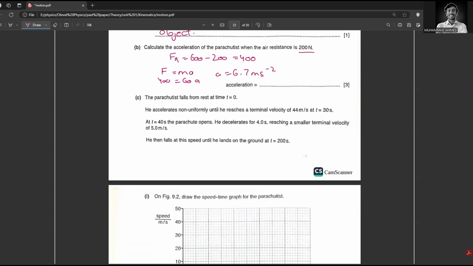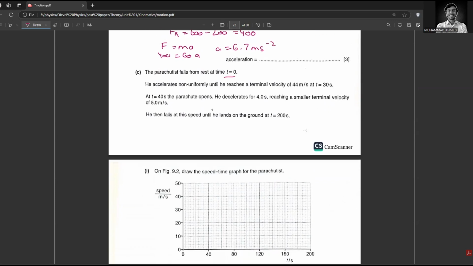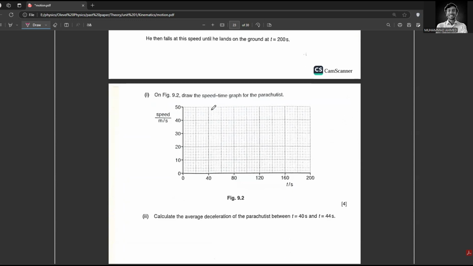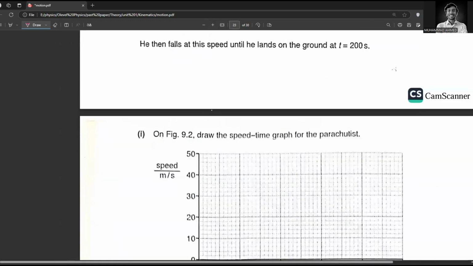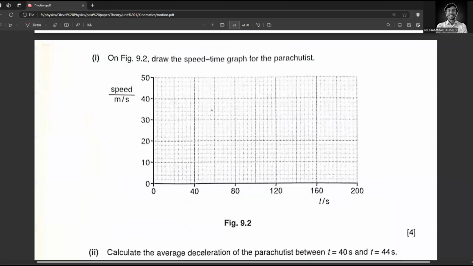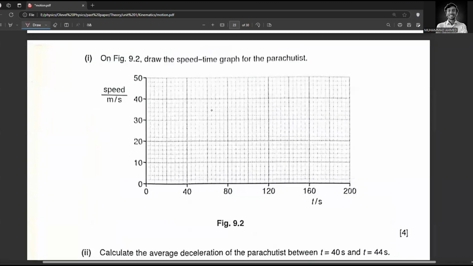The parachutist falls from rest at time t equals 0. Okay. He accelerates non-uniformly until it reaches a speed of 44 m s^-1 at 30 seconds. So basically, you have a speed of 44 at 30 seconds.